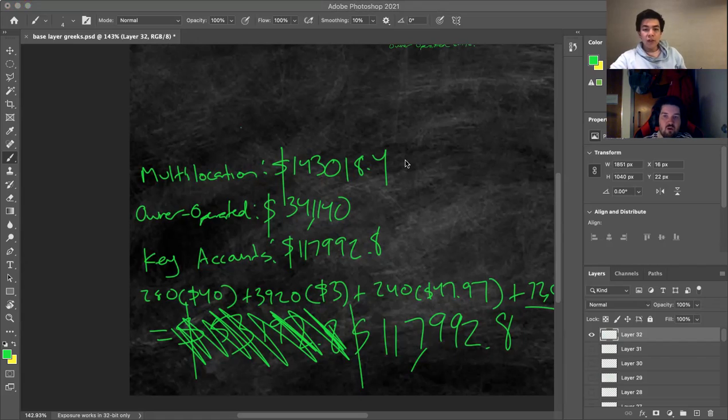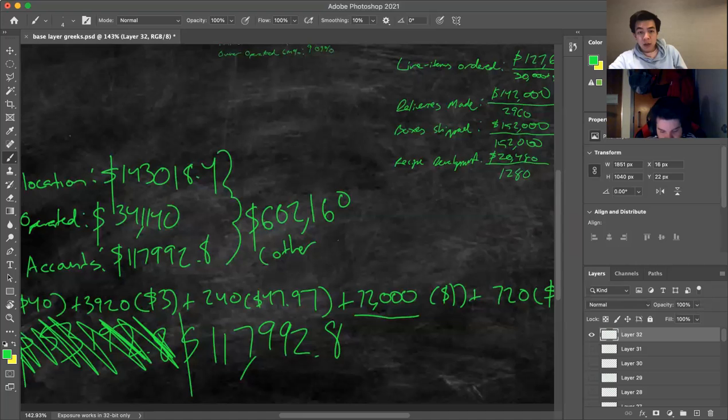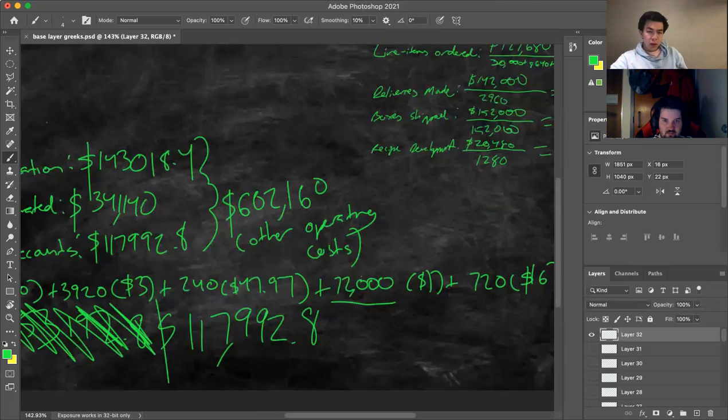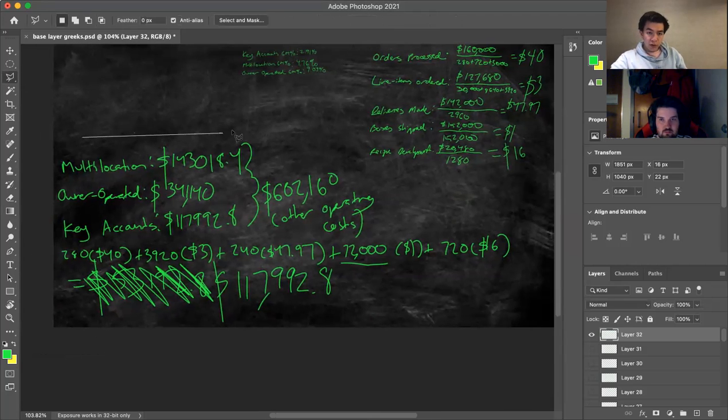All these numbers here make up the 602,160, but we've further broken it down so we can find out if these divisions are truly profitable. I'm going to make this smaller.